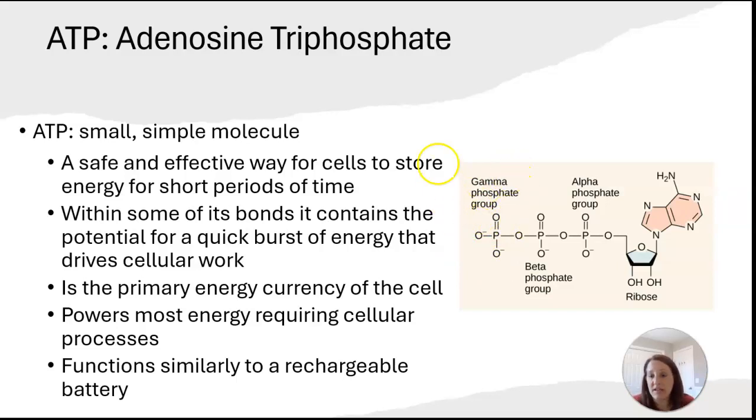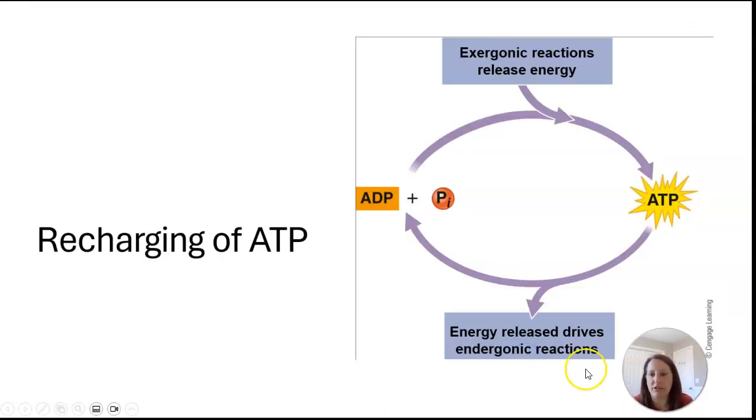And that third phosphate group can be put back on if there is a catabolic process happening in cells that releases energy. That will cause this terminal last gamma phosphate, third phosphate group, to be put back on. So let me show you that rechargeable battery analogy.